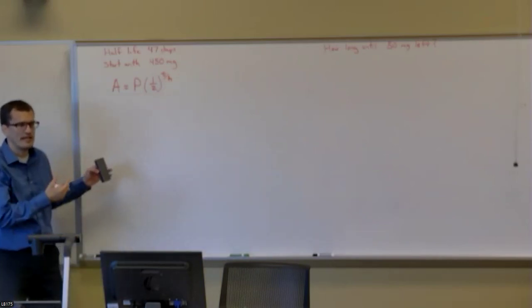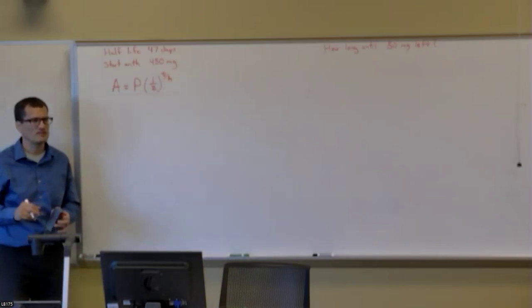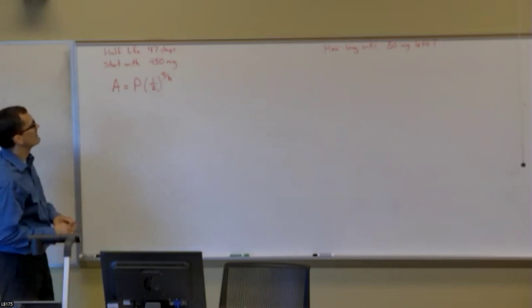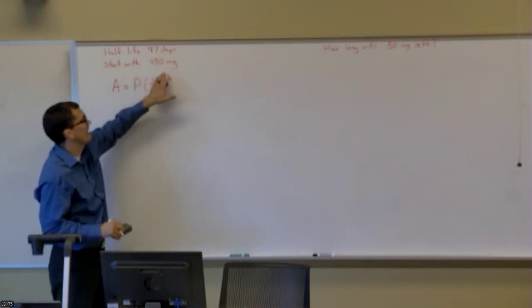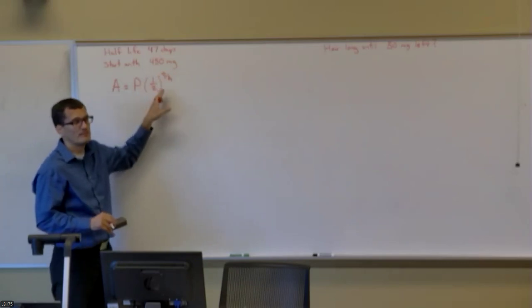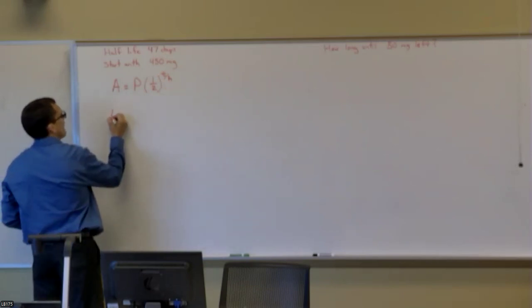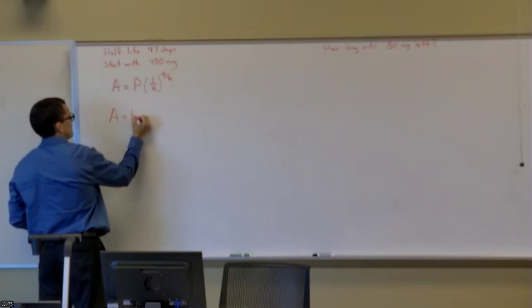So if you'd rather put an H in there, that makes more sense, for halving time instead of doubling time. Now, everything is going to be in days. So my time is going to be in days. My half time is going to be in days. Okay, so my equation is going to look like the following.